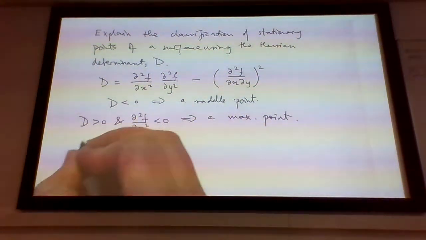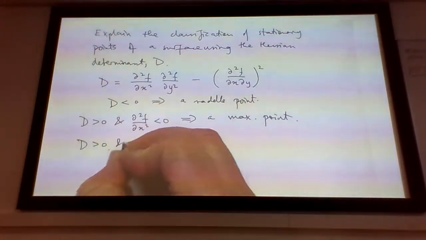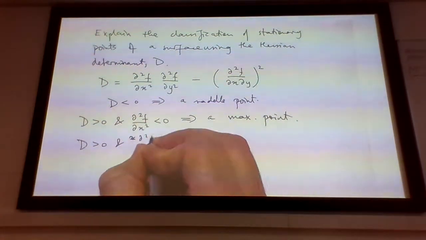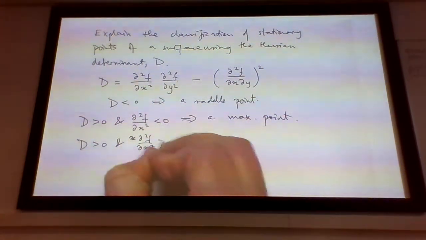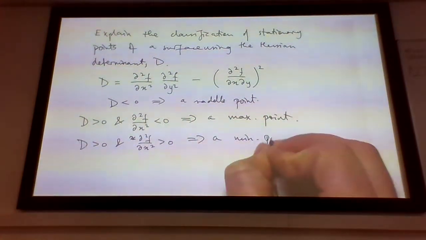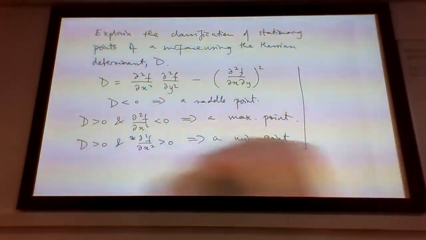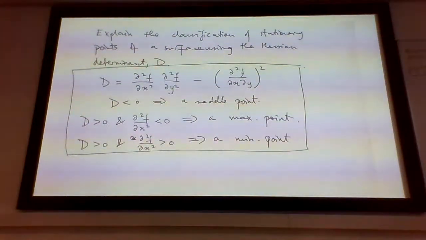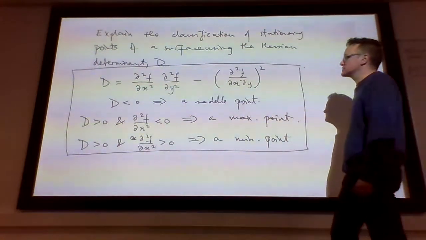And if it was the other way around, if D was greater than 0 and d2f/dx² was greater than 0, then it was a minimum point. Okay. So this was how a stationary point was classified.